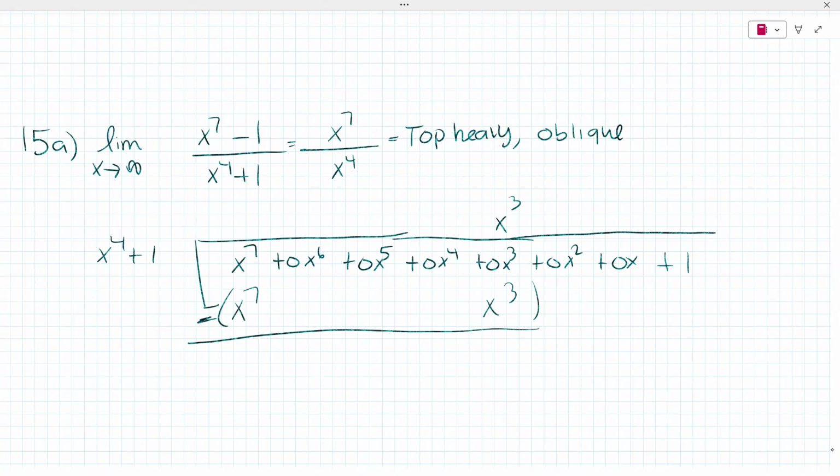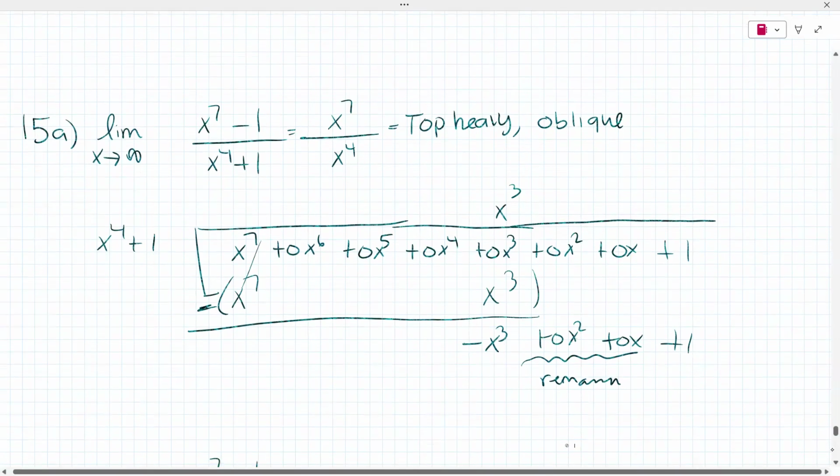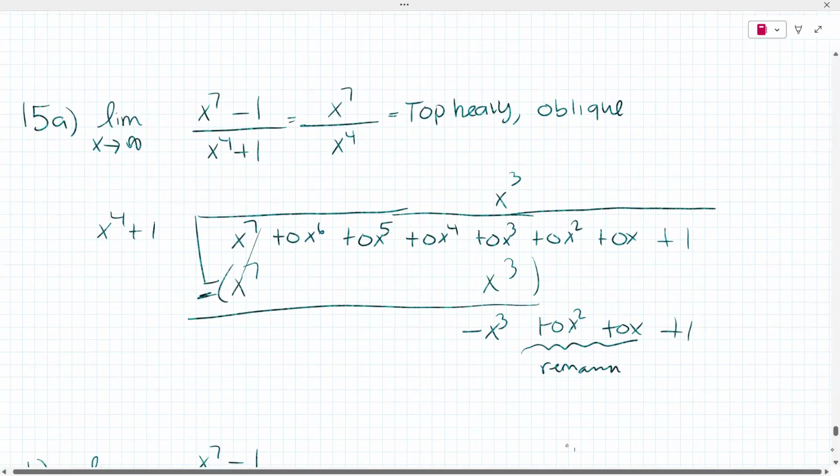So this cancels, and now you're just left with negative x cubed plus 0x squared, 0x plus 1. Yeah, this is your remainder. So your oblique asymptote is y equals x cubed.